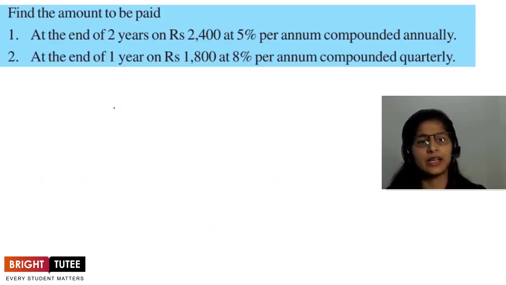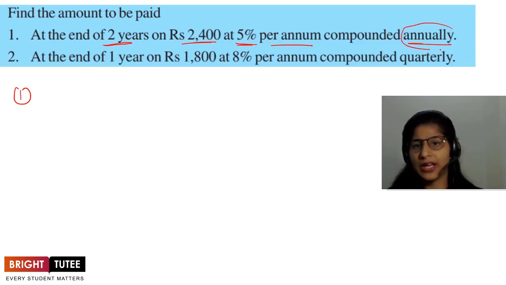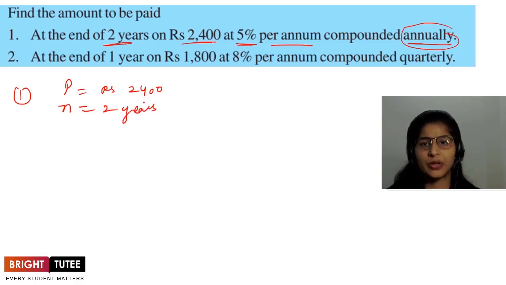Just see here, they're asking in the first one, at the end of 2 years, on rupees 2400 at 5% per annum and compounded annually. Rate is per annum and it is compounded annually only. So principal is rupees 2400, and n will be equal to 2 years only because it is compounded annually. So 1 year and 1 year makes 2, and rate will remain the same, 5%.